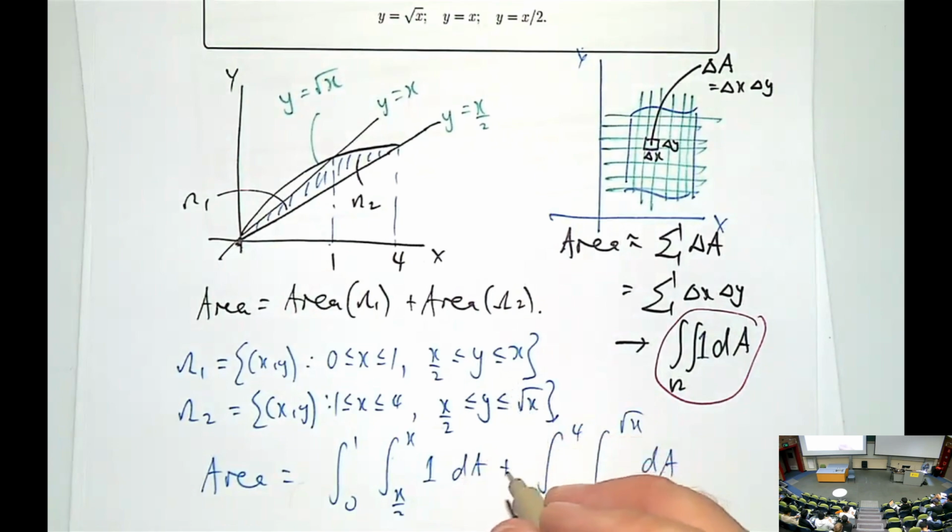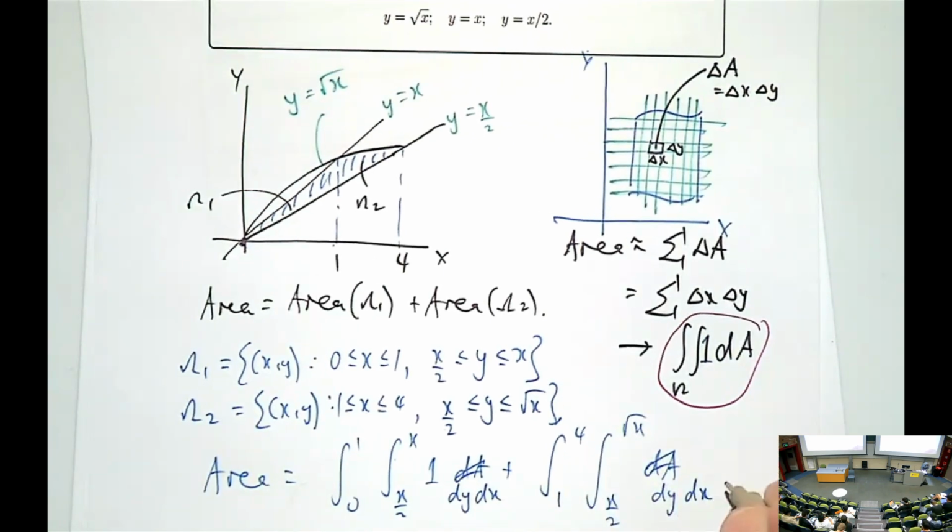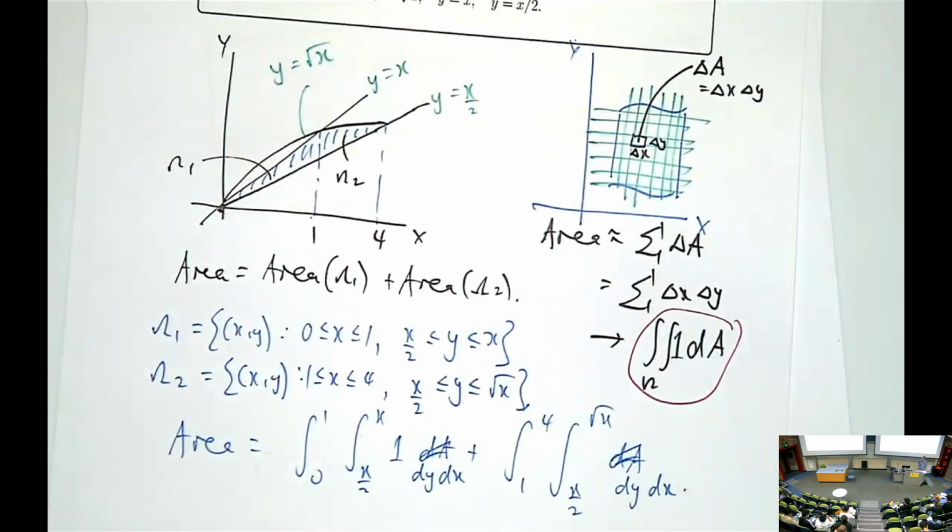This will be dy dx, and this will be dy dx. dA is sort of like a placeholder for dx dy or dy dx. But once you've put in the limits of integration in the integral signs, you need to specify the order.